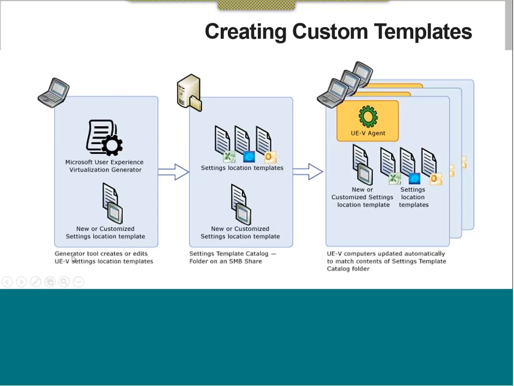There's a generator tool that we can use to create our own custom templates, okay, and put that into our template location, and then we can synchronize that with our clients. Now again, all of the settings that we can set for our agent, those settings that I've been setting through PowerShell, can also be configured through a group policy.